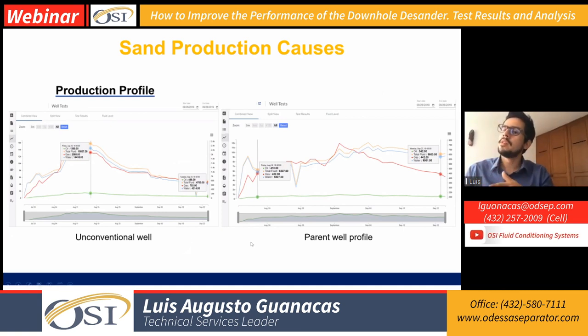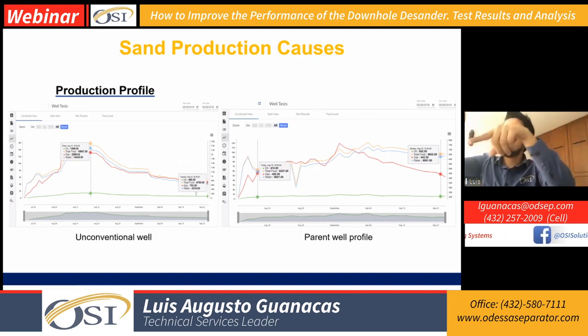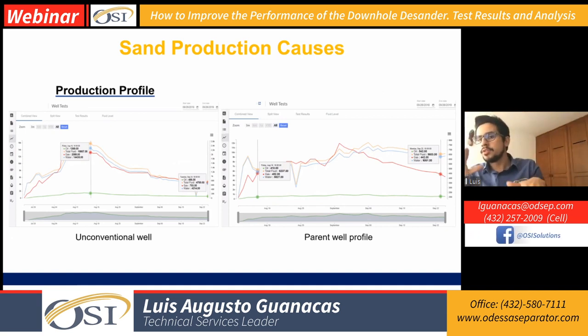Secondly, in the next graphic on the right, you can see a parent well profile, which means the well affected by a child well. So remember, initially I have an initial well, and then I drill a new one here. So the frac job I do right here is going to affect my new well. That's why you can see that the production starts, I have a peak, then it's going to start declining.